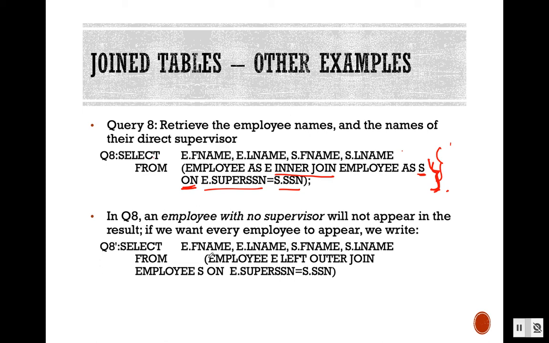Now here we are using employee left outer join employee S. So this is going to give all the employees whether they have a supervisor or not. That's why we are using left outer join, where the left table is the employee as E, and we are going to match the super SSN with the SSN from the supervisor.